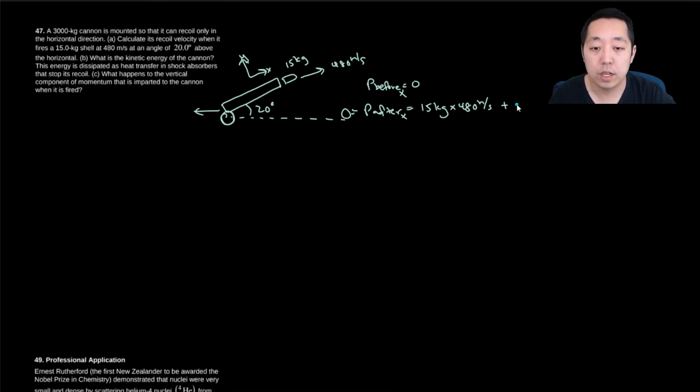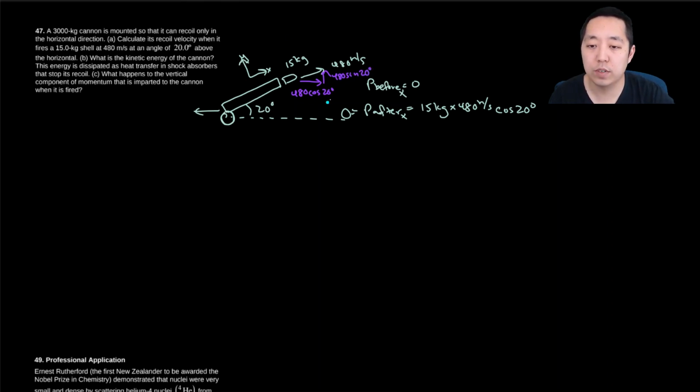Okay, and then this is 3,000. So going back, I'm just doing the momentum in the x direction. Before is 0, because nothing's moving. And then after, I have to be careful, I have to look at its x velocity. Now, its x velocity is 480 times cosine of 20 degrees, right? Because if I split up its velocity, this is 480 cosine 20 degrees, and this is 480 sine of 20 degrees.